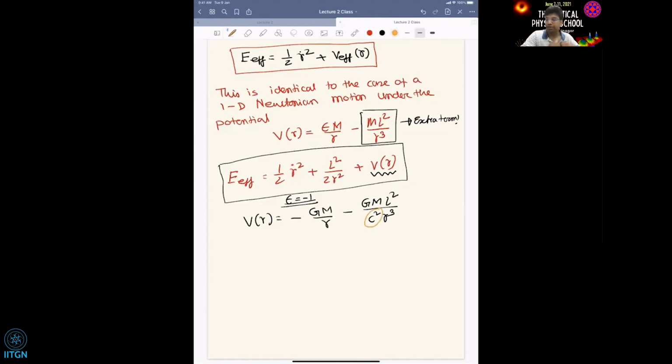Ordinary Newtonian theory is a non-relativistic theory, so there will be no c square. But GR gives you a correction term which is proportional to 1 by c square. This term is the correction to Newtonian theory, and it comes out of the dynamics of general relativity, and the appearance of c square clearly shows the origin is relativistic. So this is the relativistic correction.